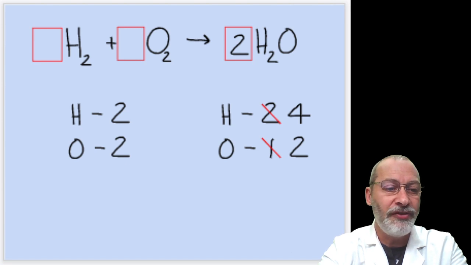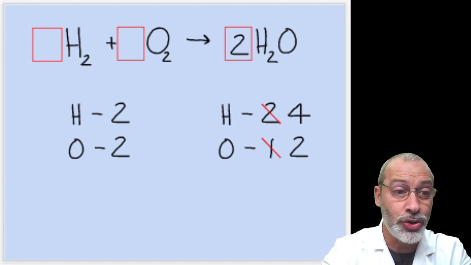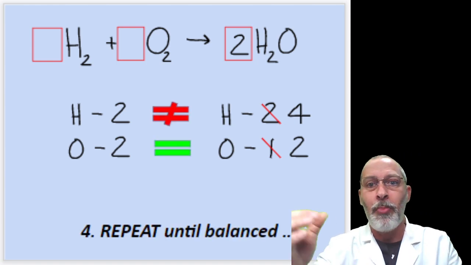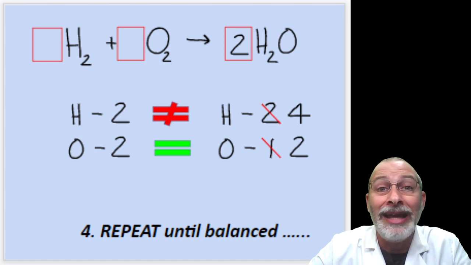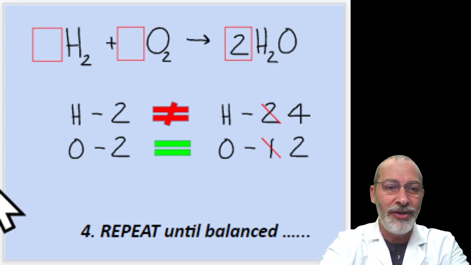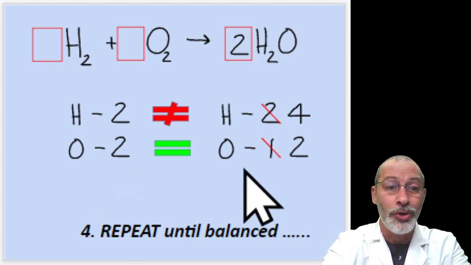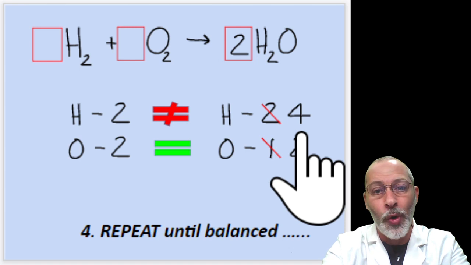So have we fixed the oxygen dilemma? The answer is sure we have. Yeah. But have we created another problem? And the answer is yes, we have. Because even though 2 equals 2, 2 does not equal 4.